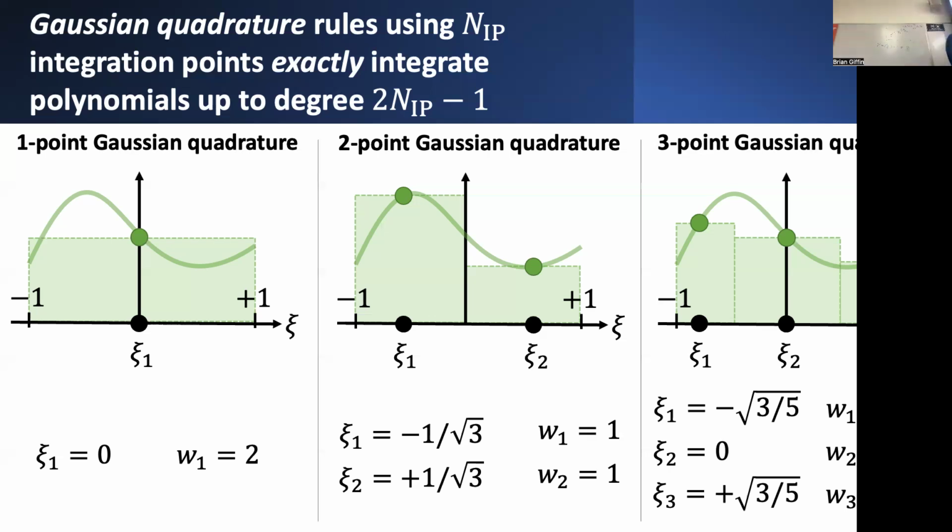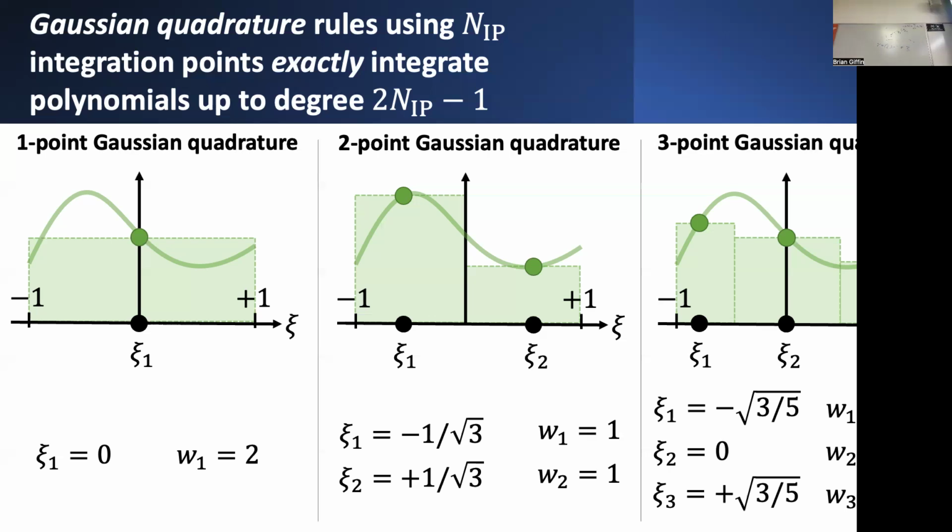But also, the choice of the integration weights in this particular formula was fairly straightforward to determine. We just equally divide this domain into 2 halves and then assign an equal weight or an equal width to each one of these 2 different rectangles. In the case of the 3-point scheme, it's slightly different, and it's unequal. These 2 rectangles on the outer edges of this domain are slightly smaller than this middle rectangle.